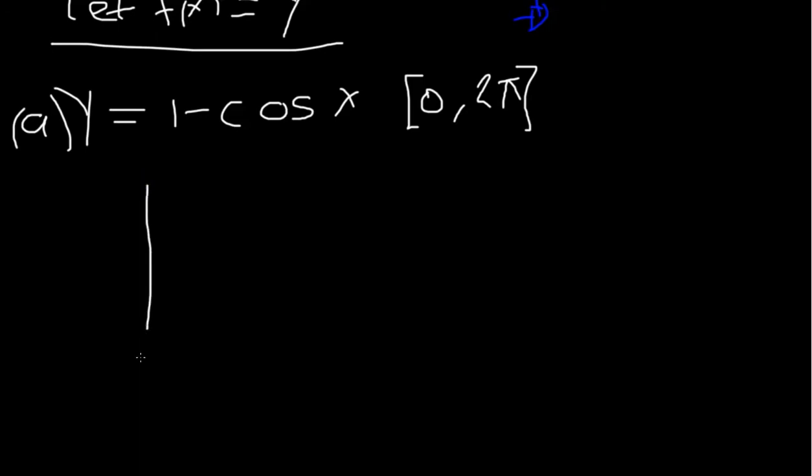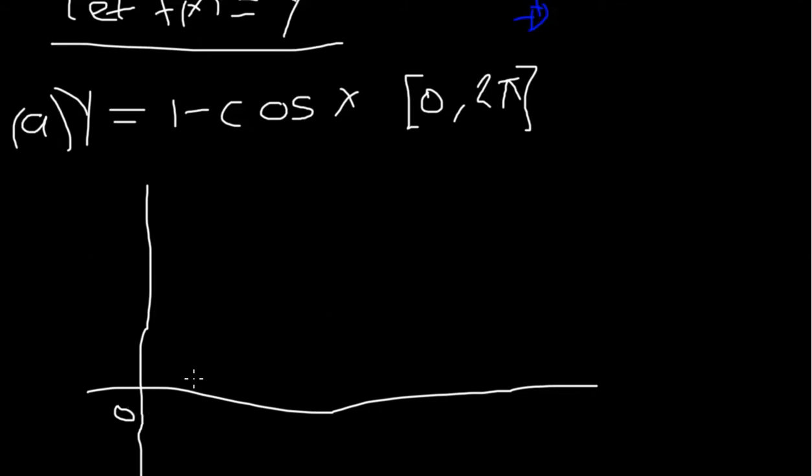I'm going to start drawing. I'll first sketch this XY plane like that. I'll put my 0 there, and then this is my y. If you are using f(x), put f(x) there, and then this is my x.